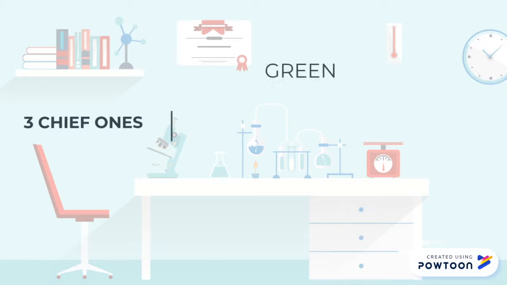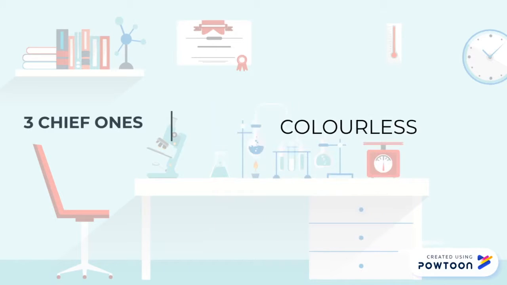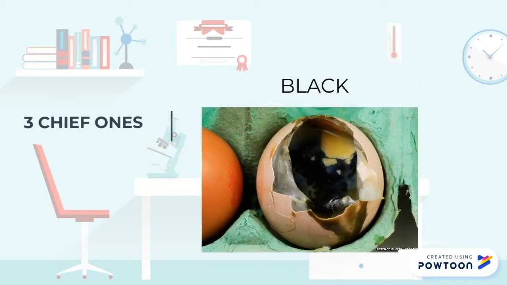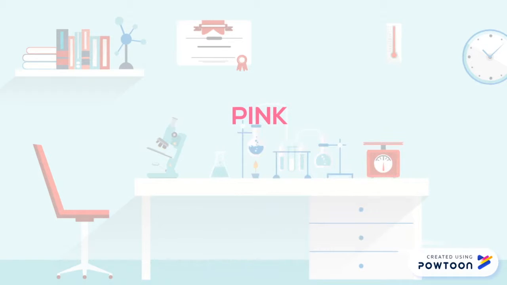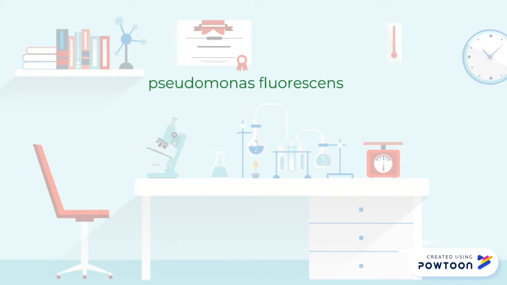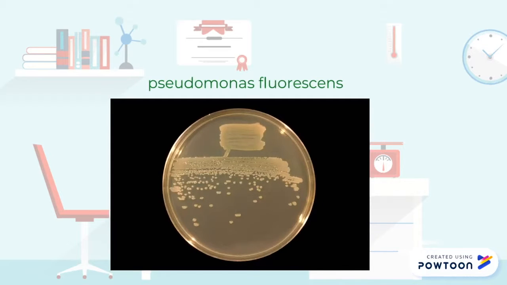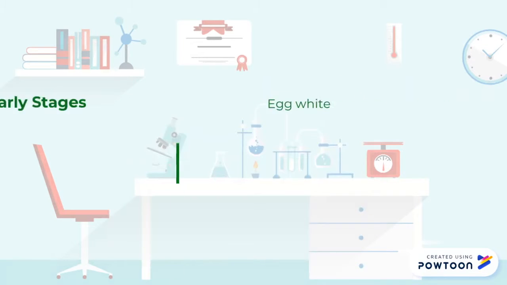The 3 most common ones are green, colorless, and black rot, and the other 2 are pink and red rot. For green rot, as observed in our experiment, the green rot was caused by Pseudomonas fluorescens, which grows at 0 degrees Celsius.